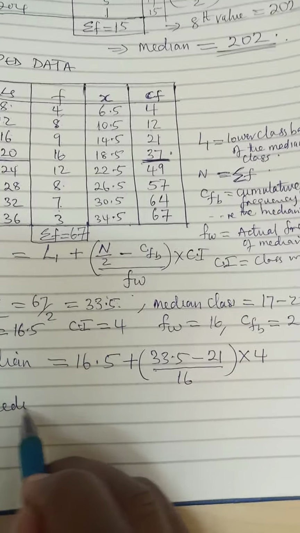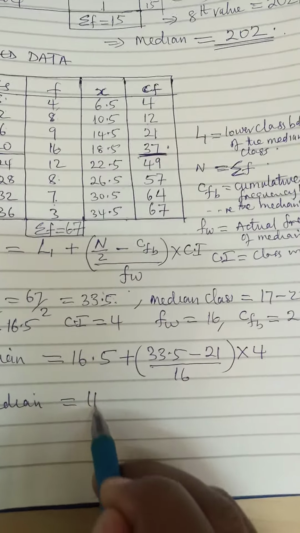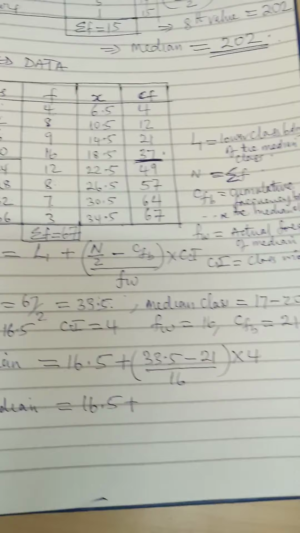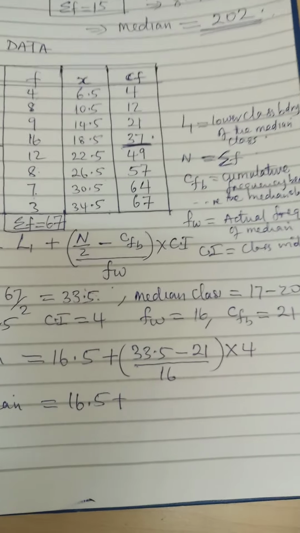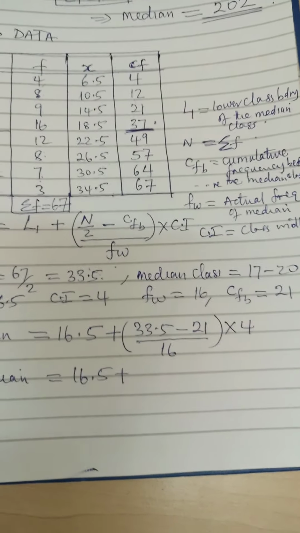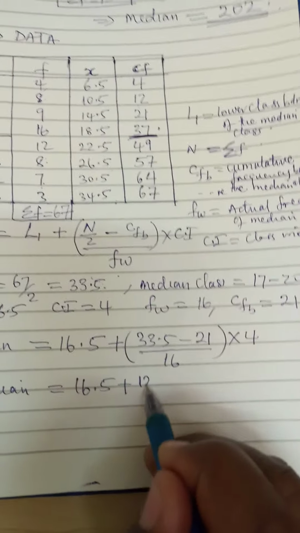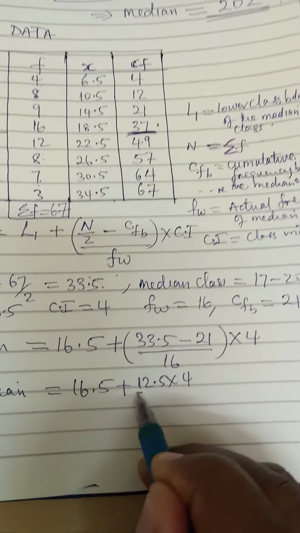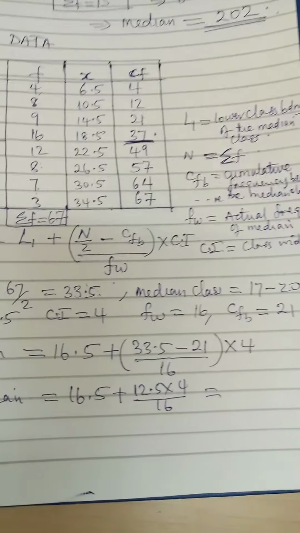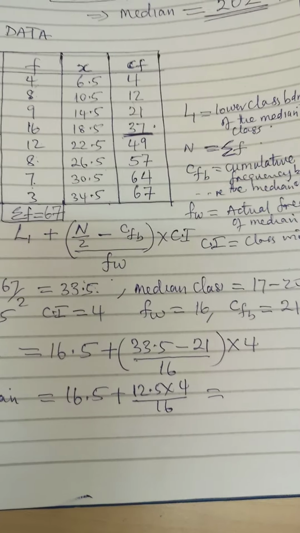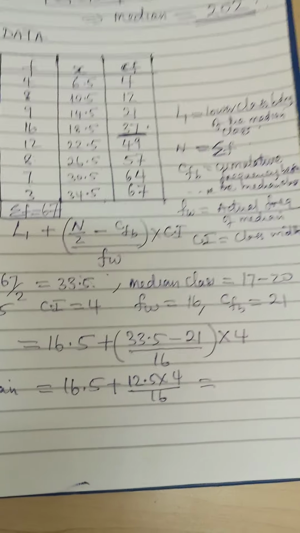Therefore, our median, if we use our calculator, will be 16.5 plus 33.5 take away 21, which gives us 12.5. We multiply it by 4 and divide by 16. When we multiply 12.5 by 4, we obtain 50.